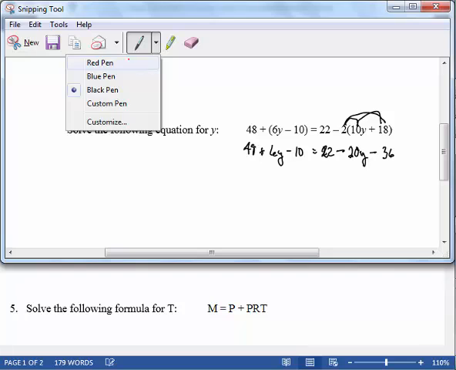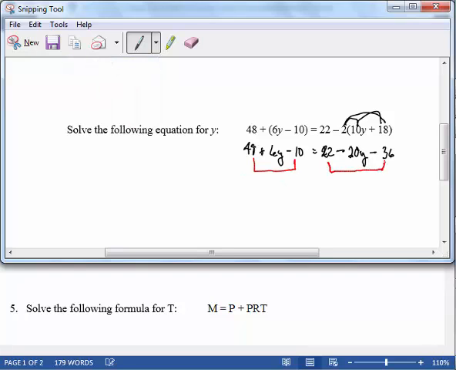So next step down, combine these two like terms, combine these two like terms, and we get 6y plus 38 equals negative 20y, then combine those two like terms, minus 14.